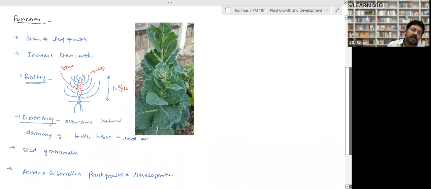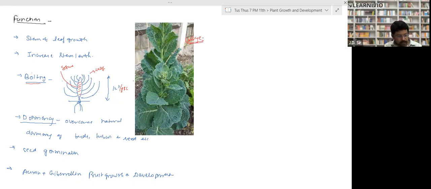So the process of making a genetically dwarf or rosette-shaped plant grow to greater height is known as bolting, right? This is the actual picture of bolting. When we spray the gibberellin, the cabbage becomes like this, 5 feet in height. Right. So please note it down.